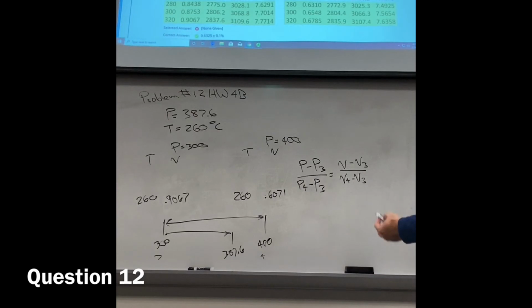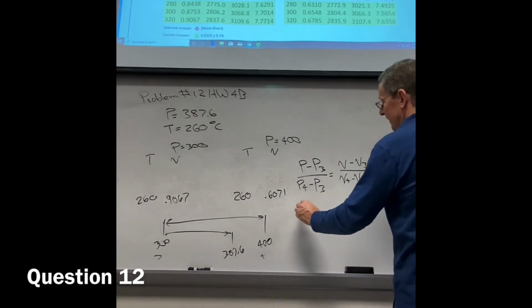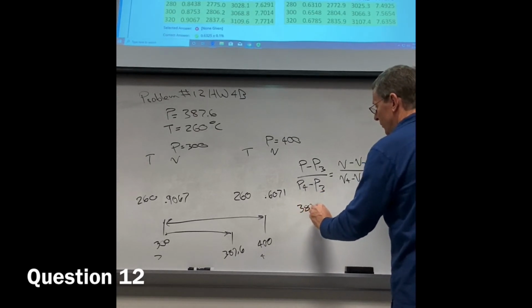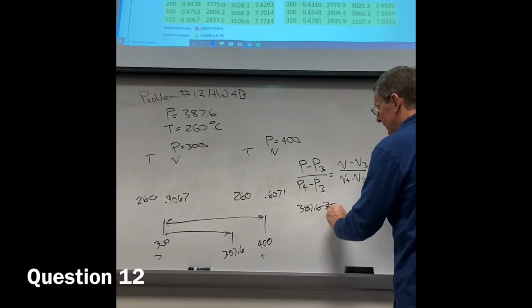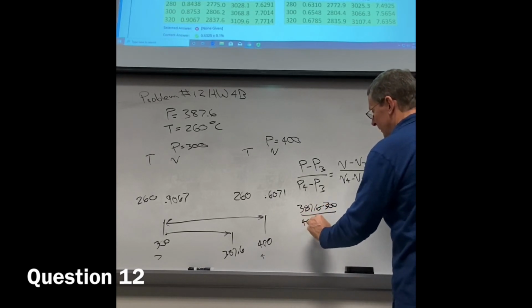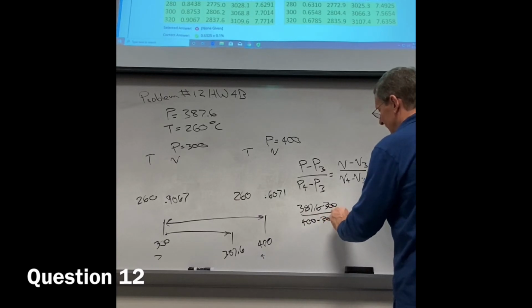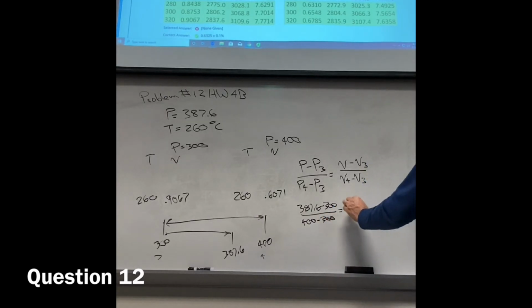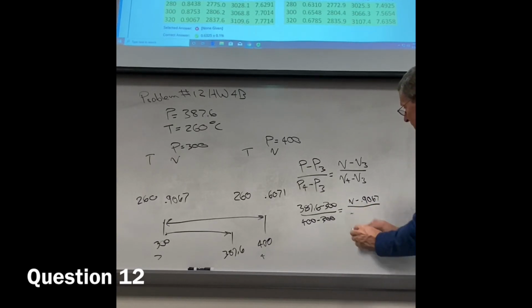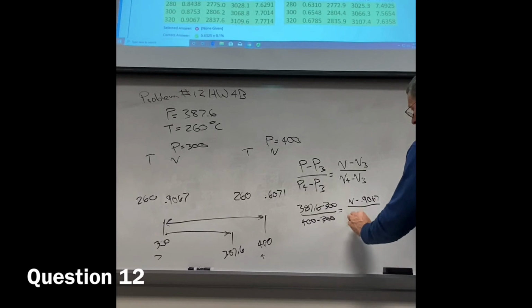And then what I'm given was P, so I have (387.6 minus 300) over (400 minus 300) equals V, which is my unknown, minus 0.9067, over 0.6071 minus 0.9067.